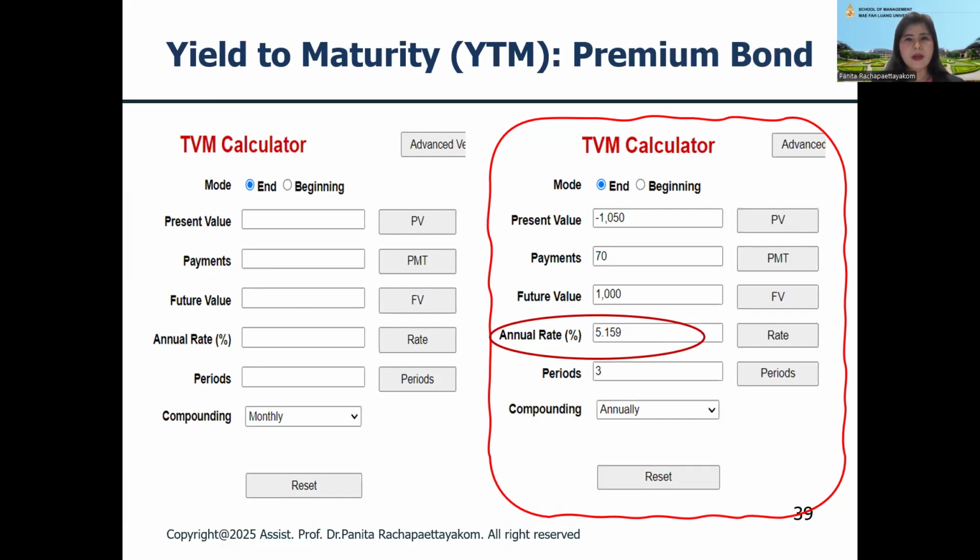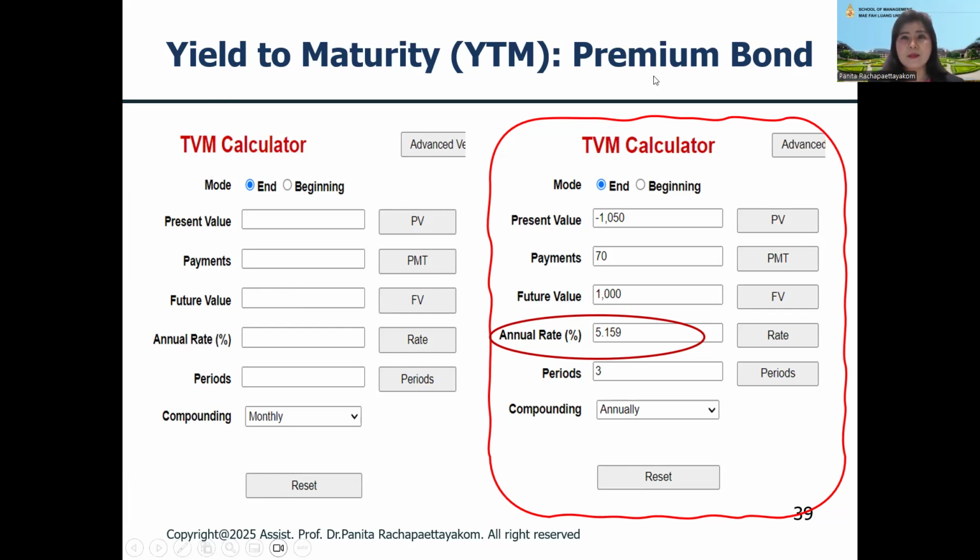In the case of the premium bond, the cash flow is the same: the coupon payment of 70 baht at the end of the period. The future value is always 1,000. The period is 3 years, same scenario.